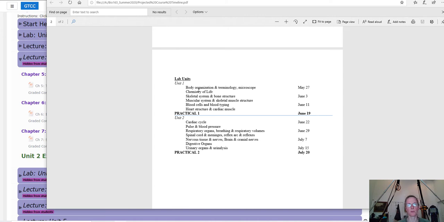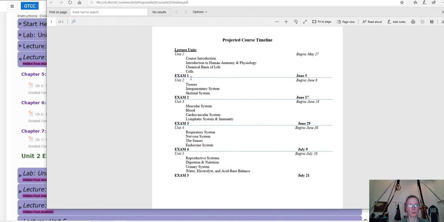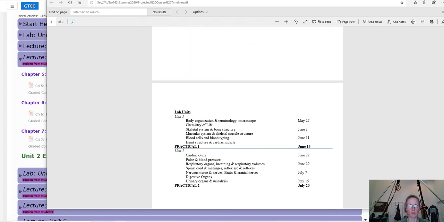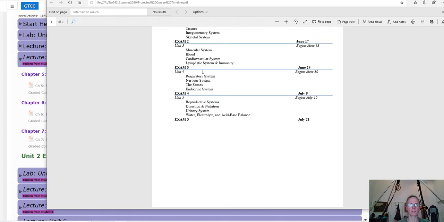So really, lab unit 1 will happen about the same time that lecture units 1 and 2 will be happening. And then by the time we start our lab unit 2, we will have started our lecture units 3, 4, and 5.